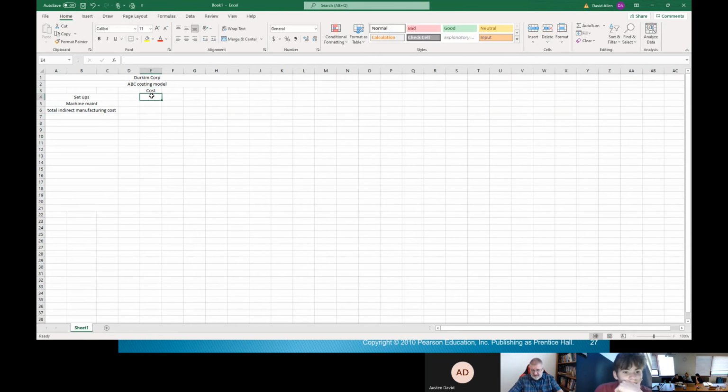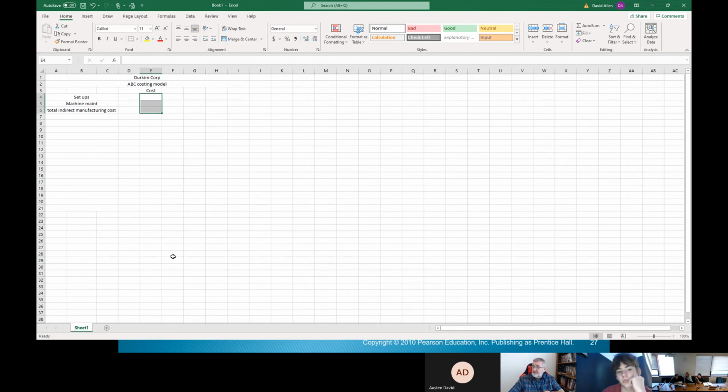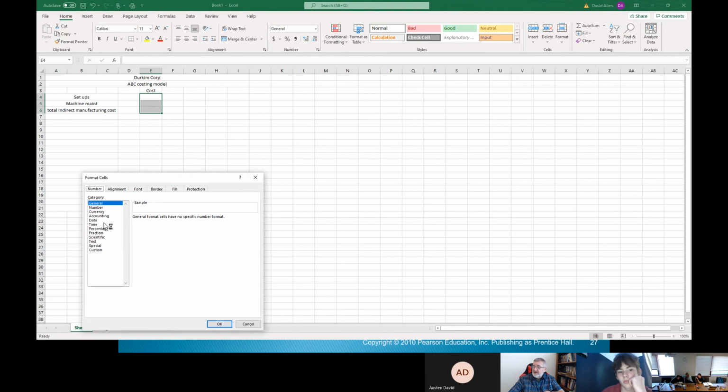And the book said that our total cost, okay, here's another thing. I think I showed you guys this on the very first day, but since we want all of this to be accounting stuff, we're going to highlight those 3 blocks and right click. We're going to come down here and tell it to format cells, and we're just going to go accounting. Right now they're not using any decimal points, so we can tell it 0 after the decimal.